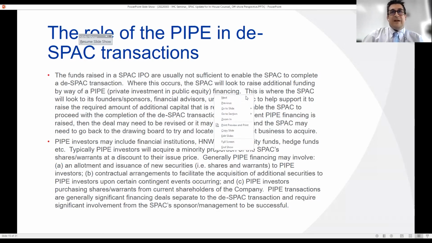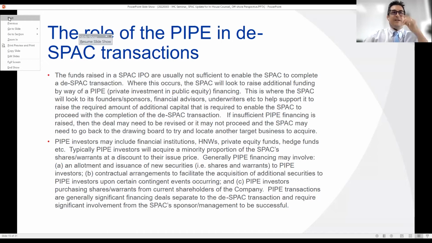We've also seen that because of the redemption options that are available to investors, i.e. they can elect to redeem all of their shares and vote in favour of a SPAC deal going ahead, the involvement of a PIPE is critical sometimes to enabling a de-SPAC to go ahead, because sometimes we've seen very, very significant redemptions, in excess of 80% of the proceeds in the trust account, which may mean that the de-SPAC deal would be killed off if there wasn't an ability for the PIPE investors to potentially meet that shortfall.